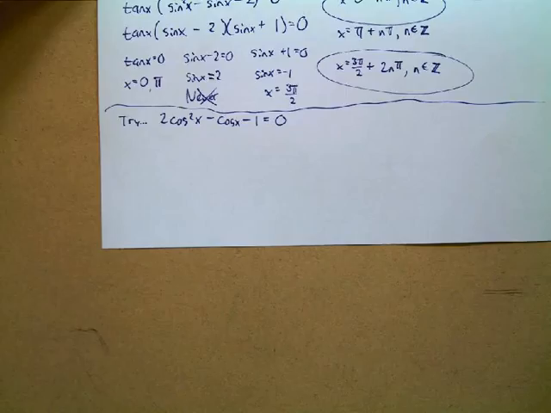And then 2 times 1 is 2 cosine x, minus 1 cosine x. Uh-oh, we need a negative cosine x. That gets us positive. Okay, all right. So here's where we should have arrived.